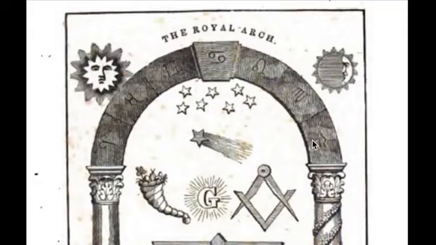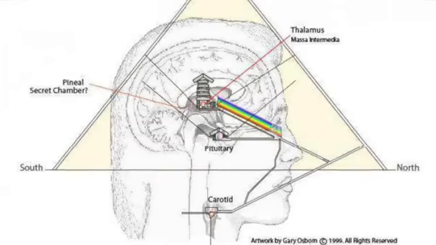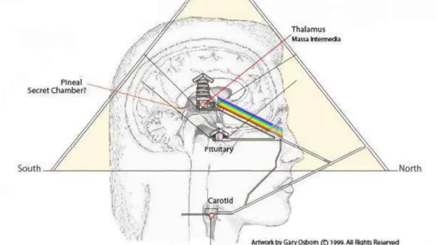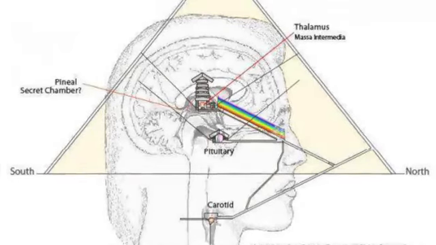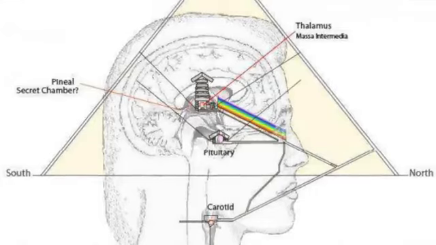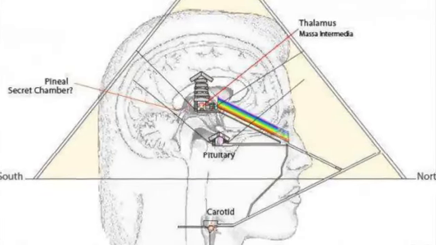Because here in just a minute, I'm going to point out why, if you overlay the Great Pyramid on top of the brain, the king's and queen's chamber of the Great Pyramid corresponds exactly to the innermost chamber of the human skull, which is the thalamus and the optic thalamus region where the pineal gland sits.